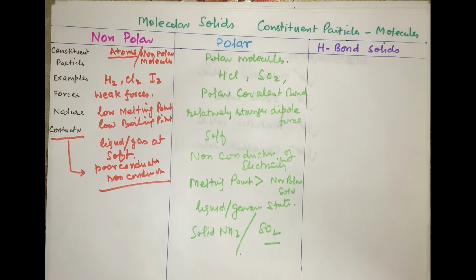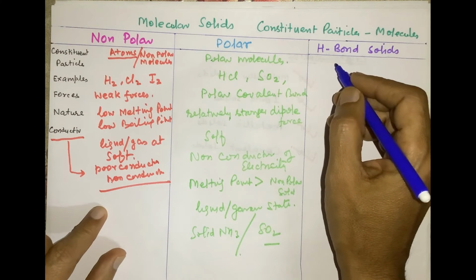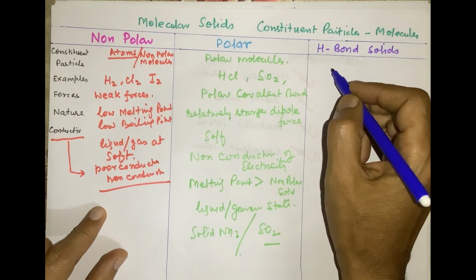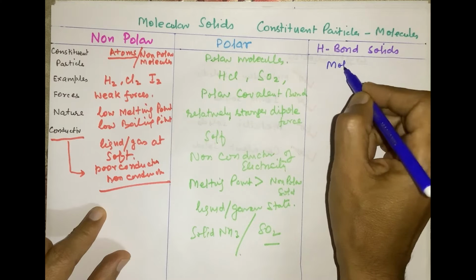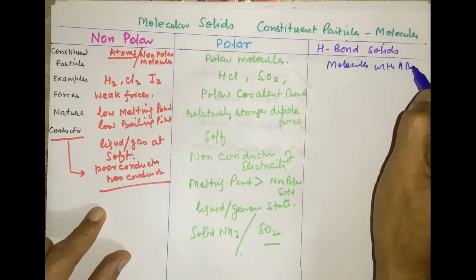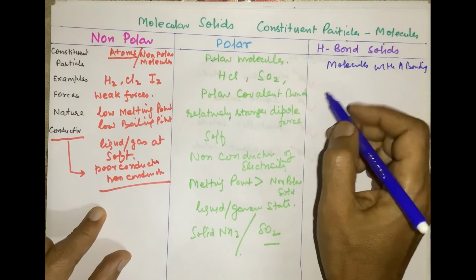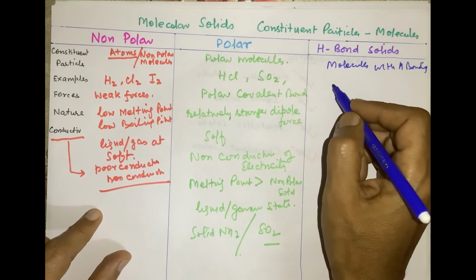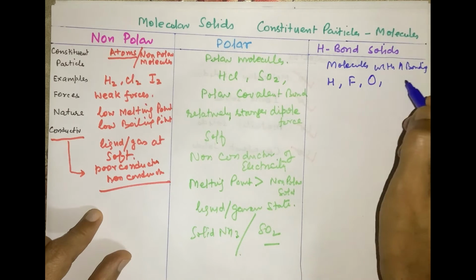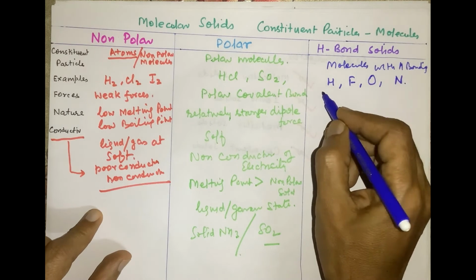Now we come to another type of molecular solid, that is hydrogen bond solids. The constituent particles of hydrogen bond solids are molecules with hydrogen bonding, like the molecules containing hydrogen, fluorine, oxygen or nitrogen.